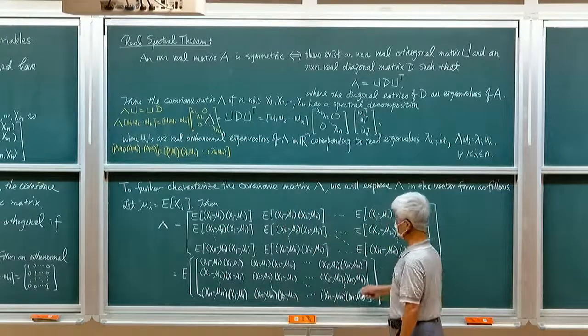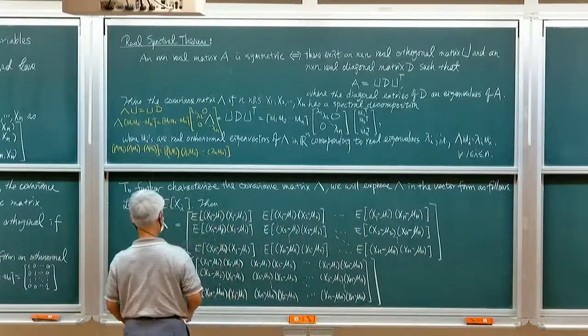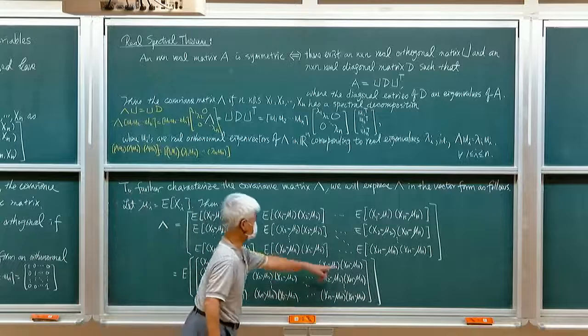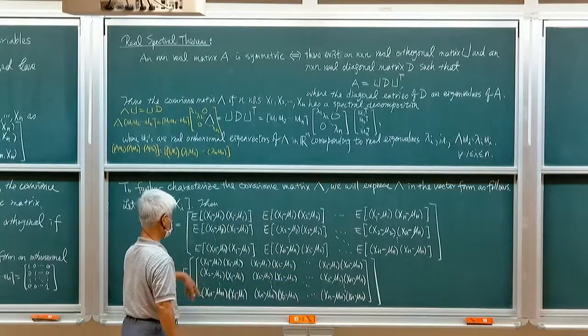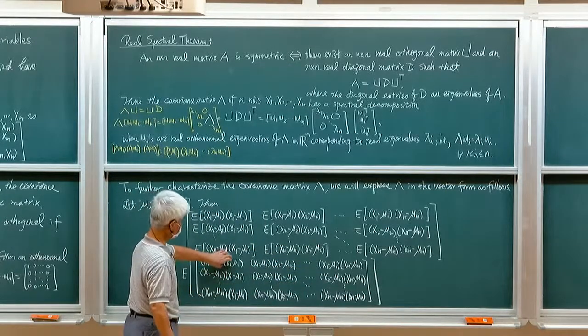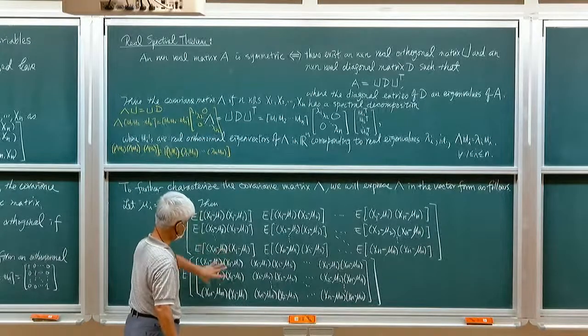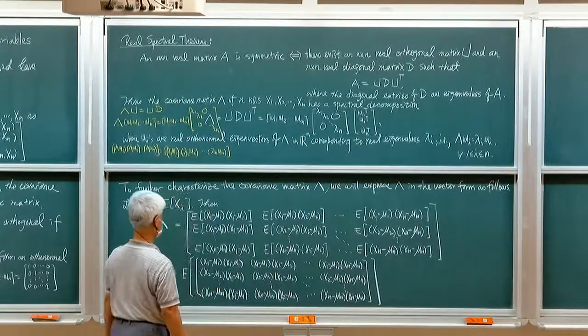So the expectation will apply to this random matrix, which means that it applies to every entry, every random variable in this random matrix.